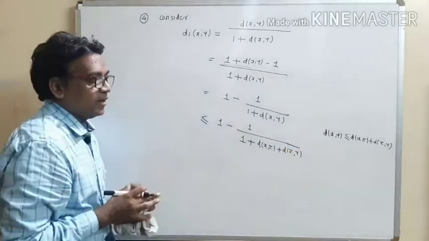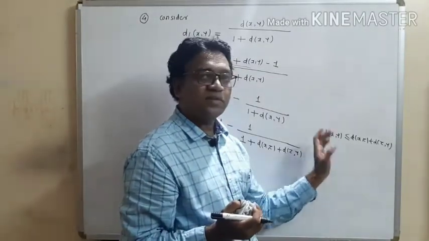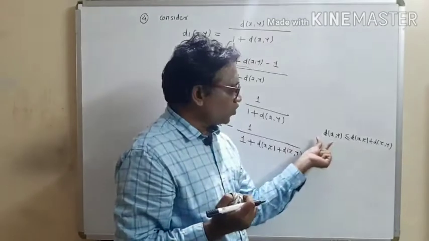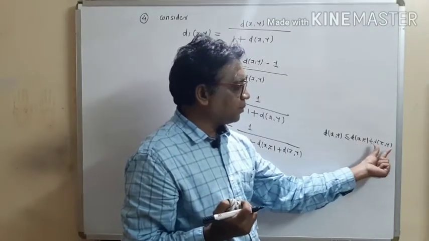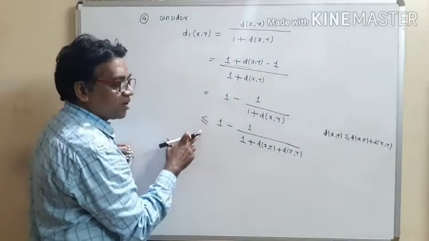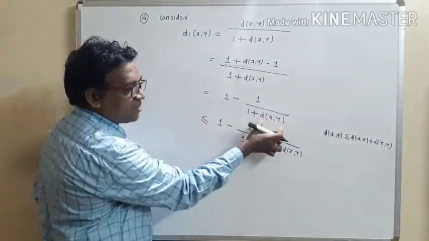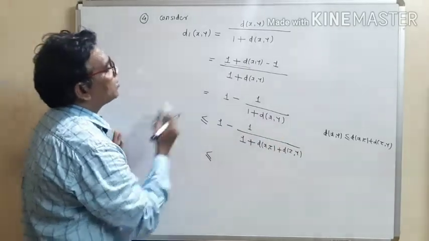Because d is a metric, it satisfies the triangle inequality property, so we can replace d(x,y) by d(x,z) plus d(z,y) by taking the sign less than or equal to.